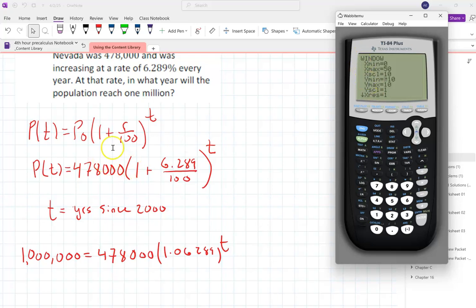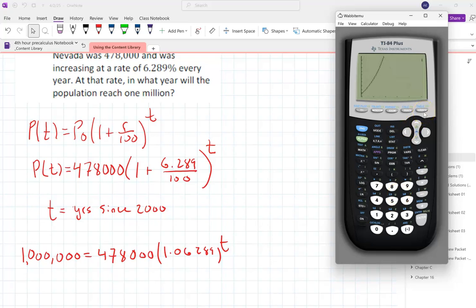The Y min, well, the minimum population is going to be the initial amount. I'm going to do 400,000 though, because 470 is awfully specific. And then my Y max needs to be bigger than 1 million, so maybe like 1.5. And then I'll graph and see what I get here.